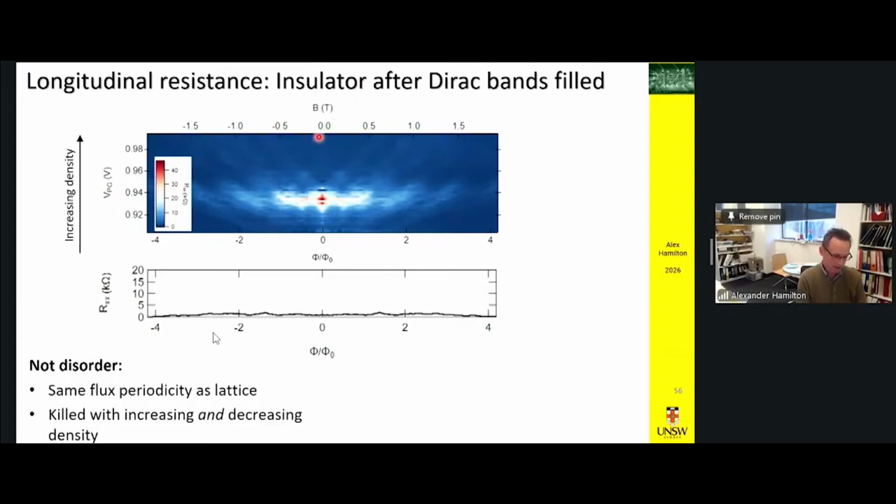Whereas here, if I start up here, I have low resistance, I go down in the number of electrons, I get to high resistance, and then I go down again and I get to low resistance. Moreover, as you can see here, I have the same periodicity in the flux per unit cell as I did before, and that indicates whatever is causing this enormous peak in the resistance knows about the artificial lattice.